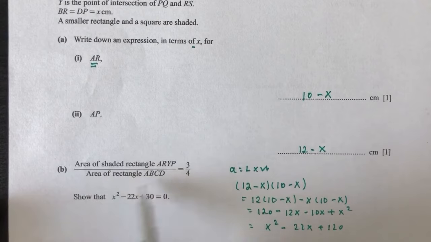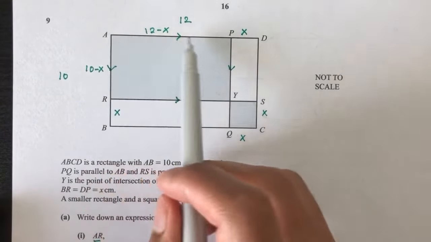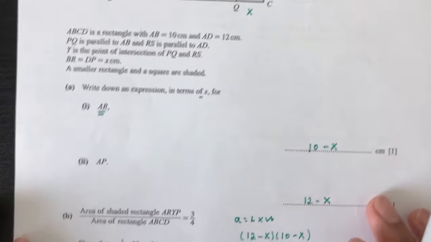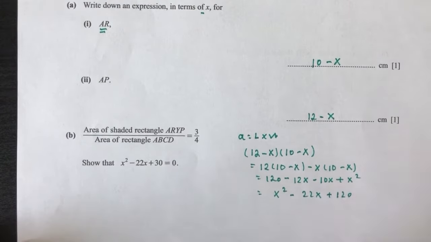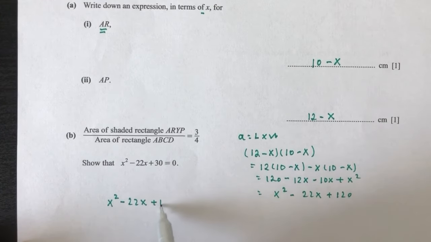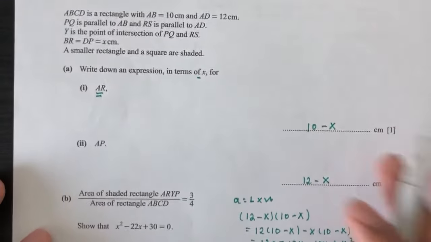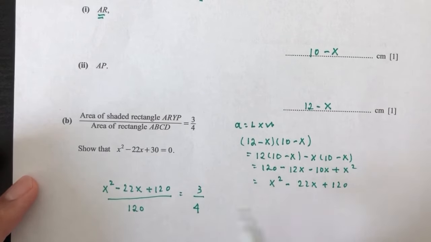What is the area of rectangle ABCD? We know that the length of AD is 12 and the width is 10, so the area will be 12 times 10, which is 120. So now we place it back in the equation. The top is x squared minus 22x plus 120 over 120, this is 12 times 10 for the area of this rectangle, equal to 3 over 4. So now we can simplify. As you can see, we can divide by 4.